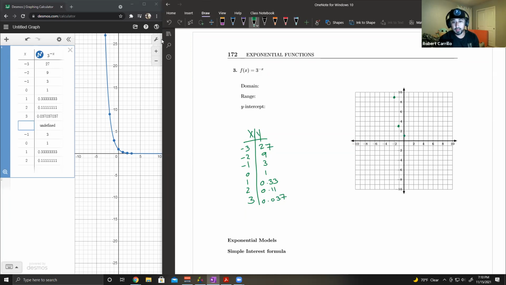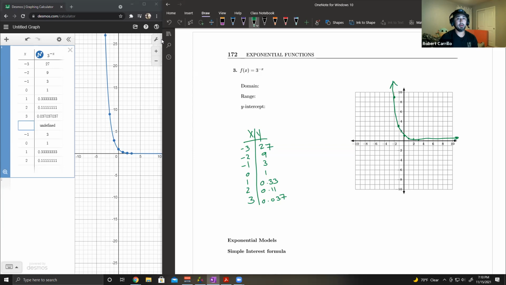So that's going to be just below half, and then 2 and 0.11, lower, and then 3 and 0.037. There we go. So now this graph will come down and head to the right.